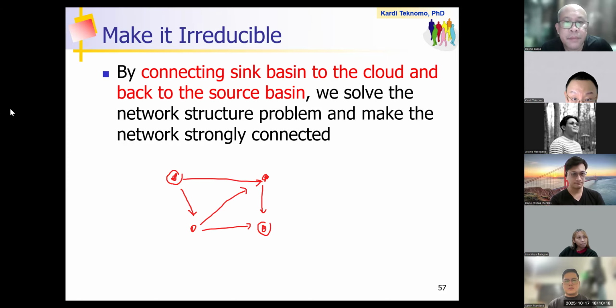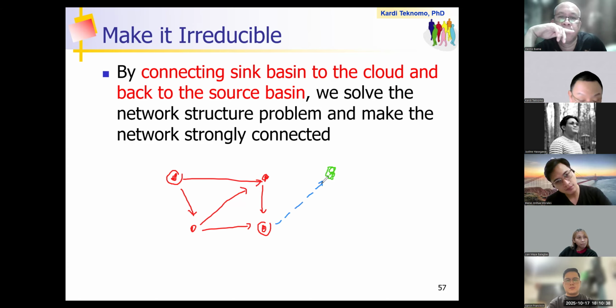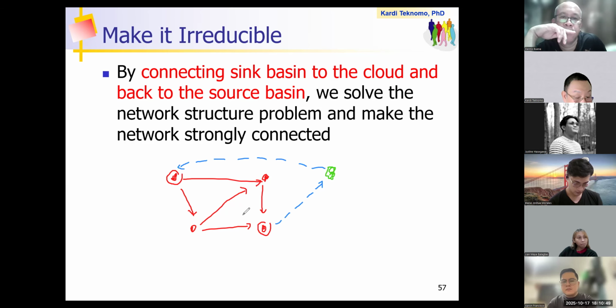So let's draw differently now. What will happen is you create a new cloud node. Only one is needed. Then you create a dummy link to this cloud node, and from the cloud node, you create a dummy link to the source.